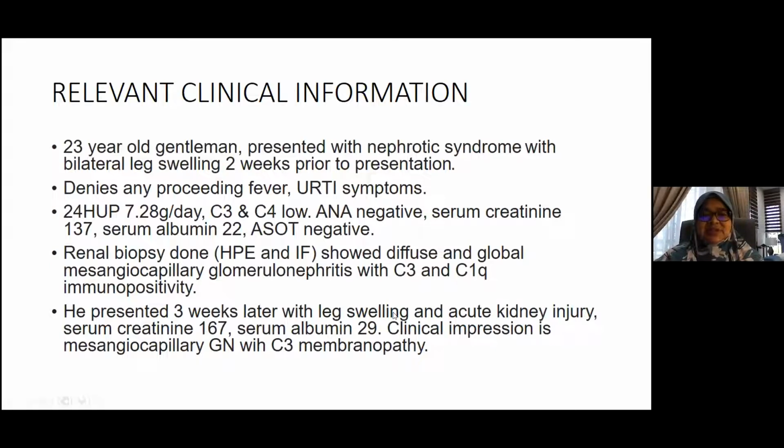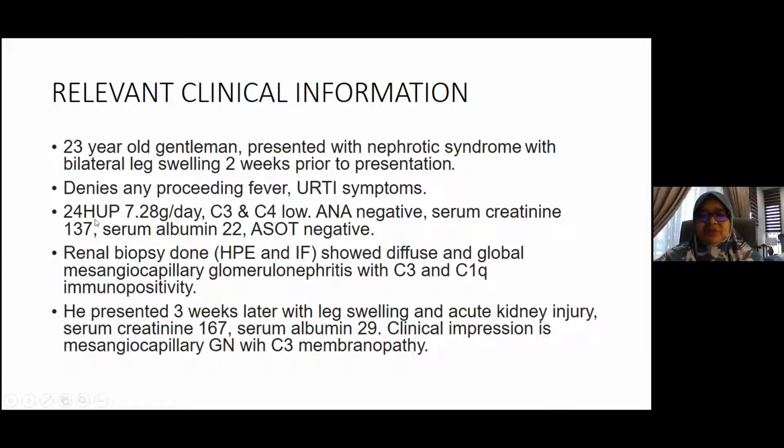Okay. So the first case is a 23-year-old gentleman. He presented with nephrotic syndrome, and he also has bilateral leg swelling for 2 weeks prior to his presentation. Otherwise, he denied any preceding fever or any URTI symptoms.